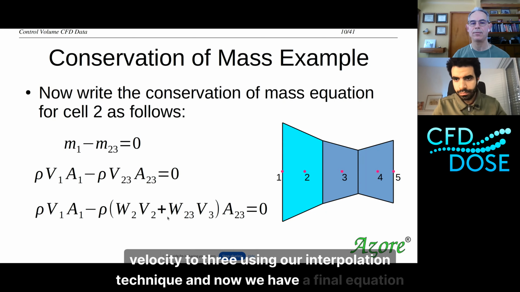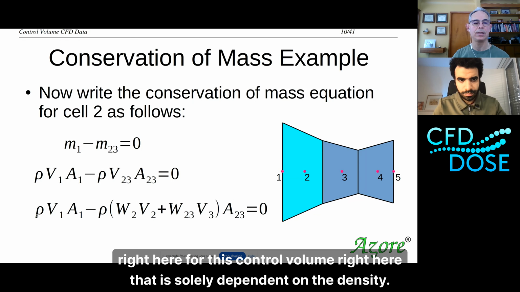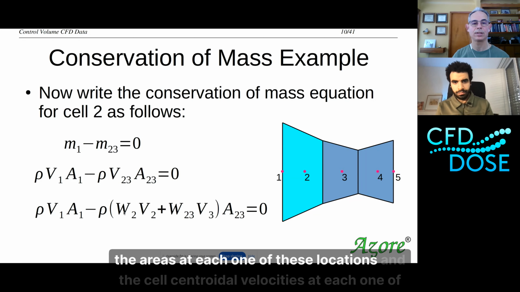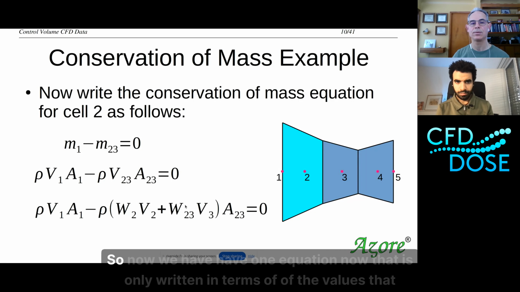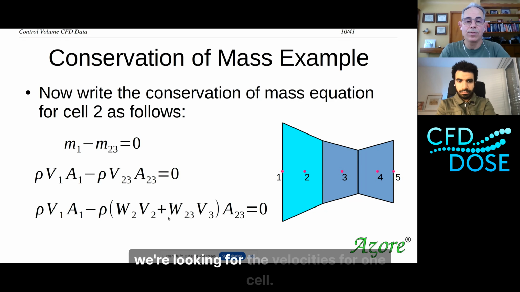And now we have a final equation for this control volume that is solely dependent on the density, the areas at each one of these locations, and the cell centroidal velocities at each one of these locations. So now we have one equation that is only written in terms of the values that we're looking for, the velocities, for one cell.